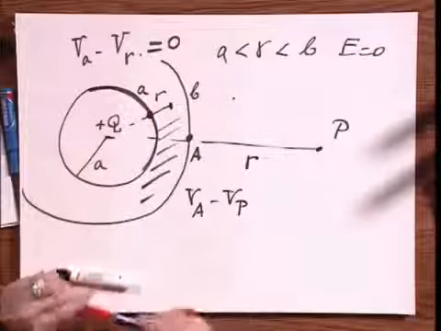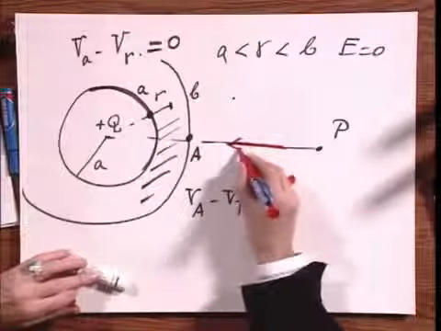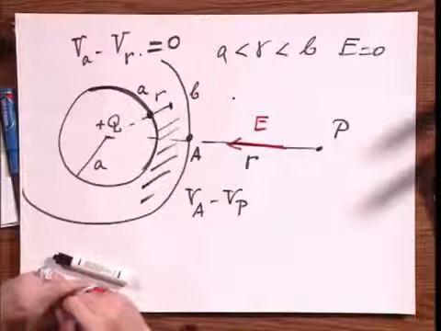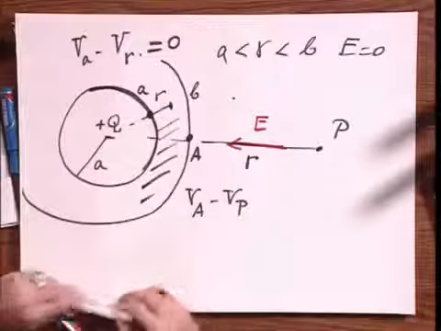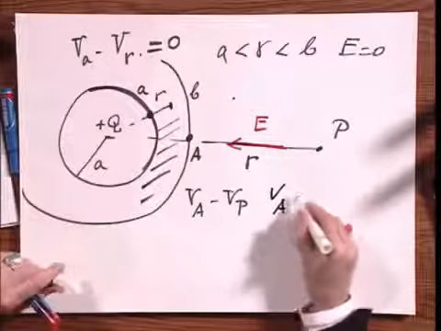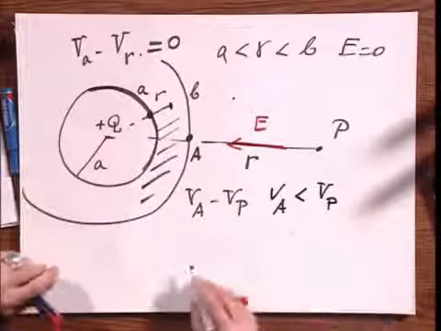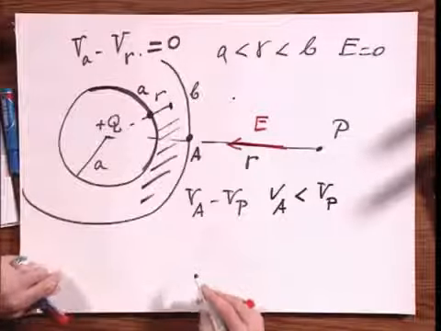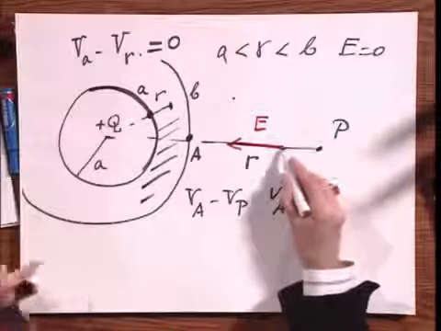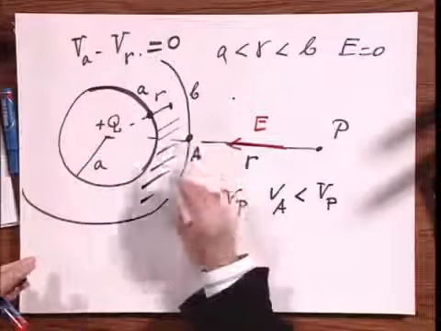Well, the electric field is pointing inwards. We just calculated that. It's a function of R. It falls off as 1 over R squared. And so it should be immediately obvious that VA must be less than VP. If I take a plus charge and I release it, the plus charge will move in this direction.